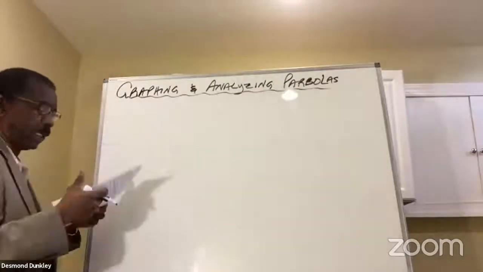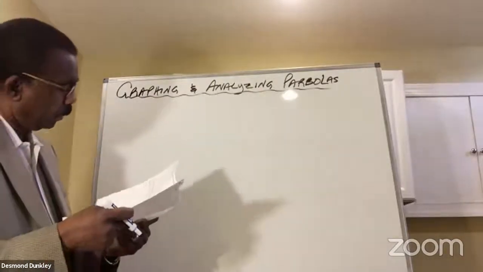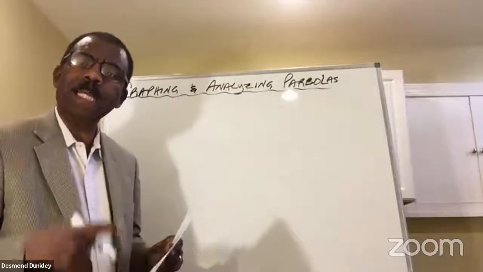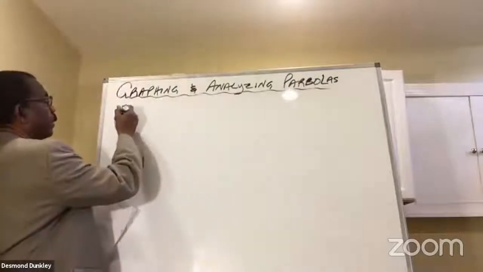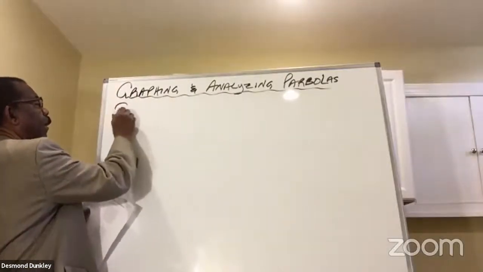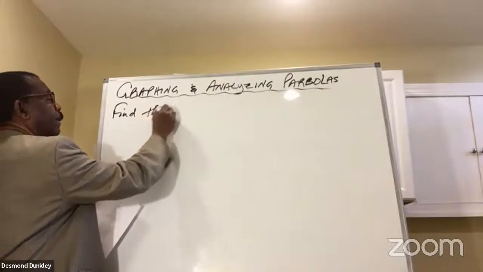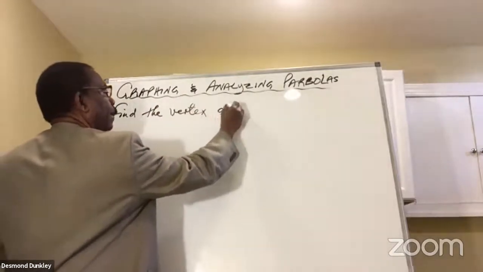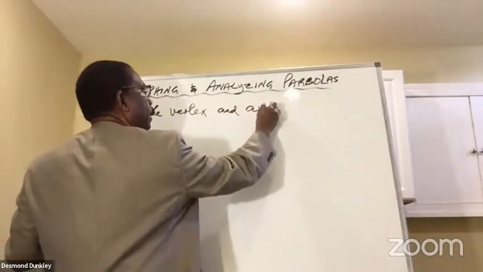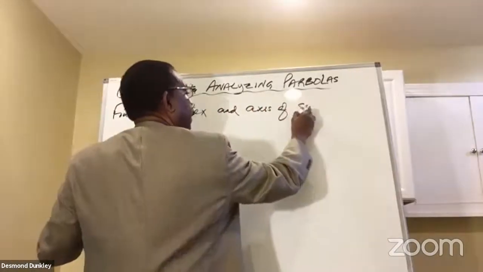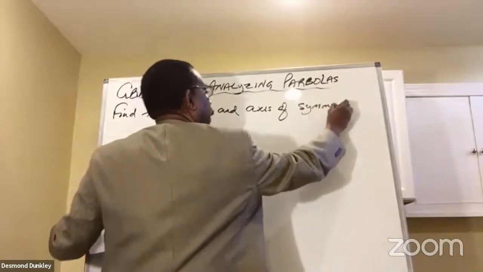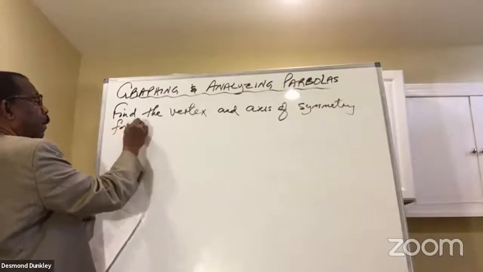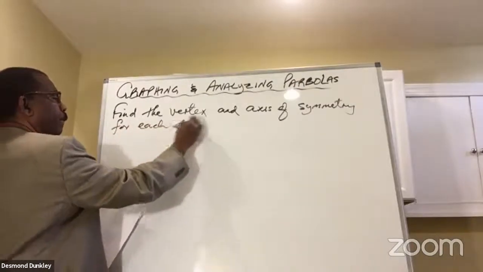So the first thing to do is to be able to pick out the vertex and the axis of symmetry. So find the vertex and axis of symmetry for each of the following.